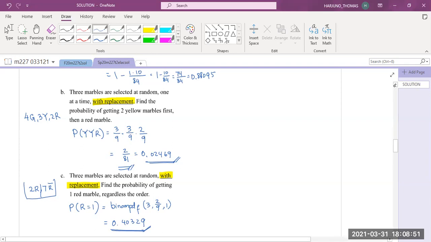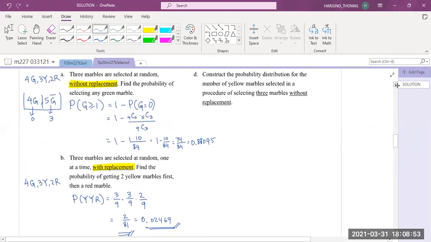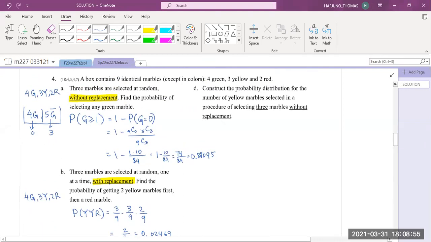Part D. Construct the probability distribution of the number of yellow marbles selected in the procedure of selecting 3 marbles without replacement. So let X be the number of yellow marbles selected.